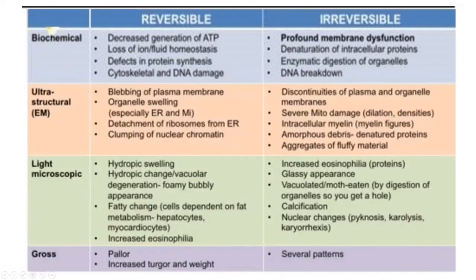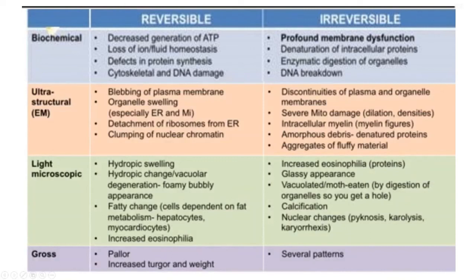Now coming to the difference between reversible and irreversible injury. What are the biochemical alterations? There is decreased generation of ATP in both. However, in reversible injury, the amount is not that much. There will be loss of ion and fluid homeostasis, a defect in protein synthesis, and cytoskeletal and DNA damage.